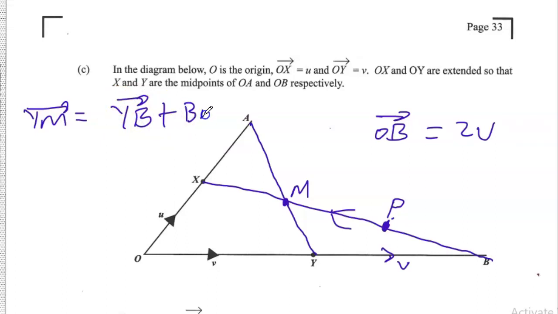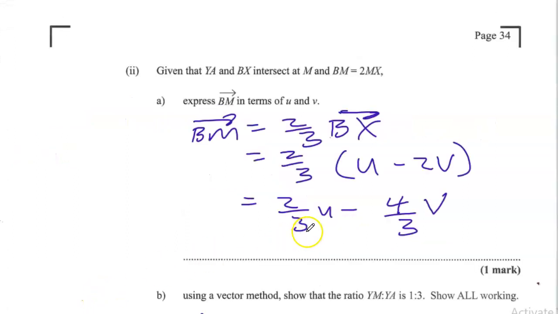What's YB? YB, that's v. And BM, did we find BM? Of course we found BM. BM was 2/3 u minus 4/3 v.